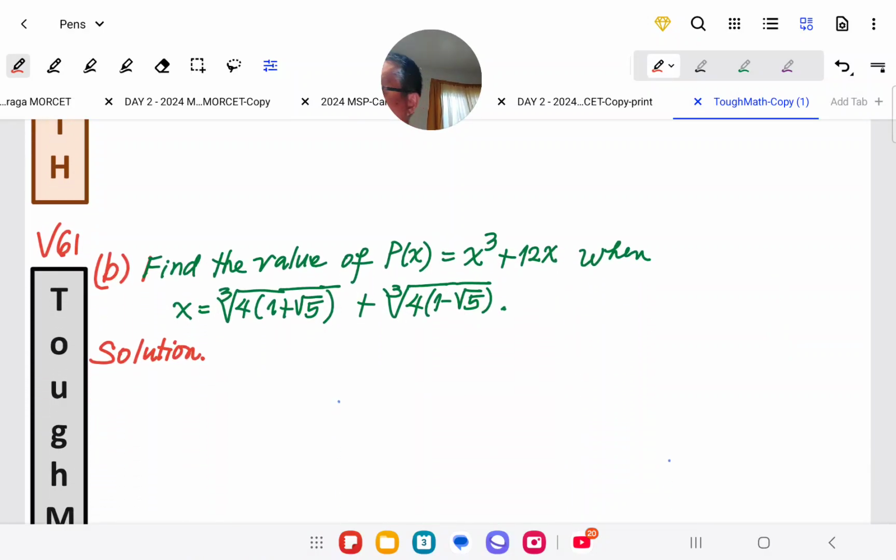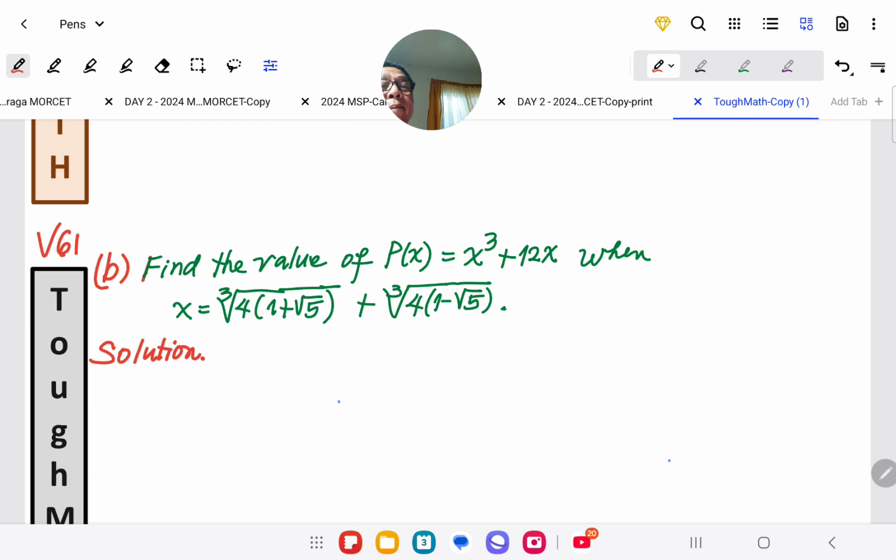Okay, now, so for our second problem, find the value of p(x) = x^3 + 12x when x is equal to the cube root of 4 times (1 + the square root of 5) plus the cube root of 4 times (1 - the square root of 5). Okay.